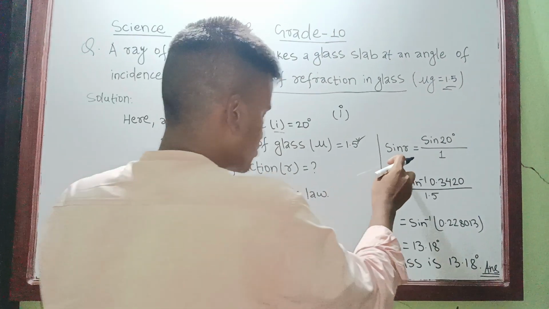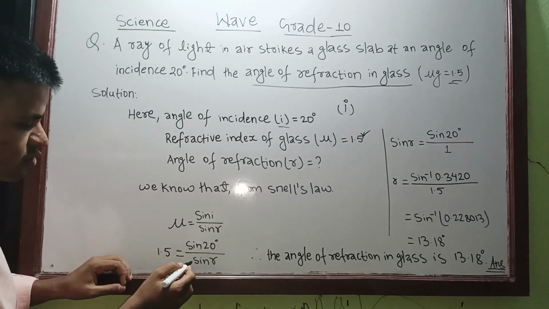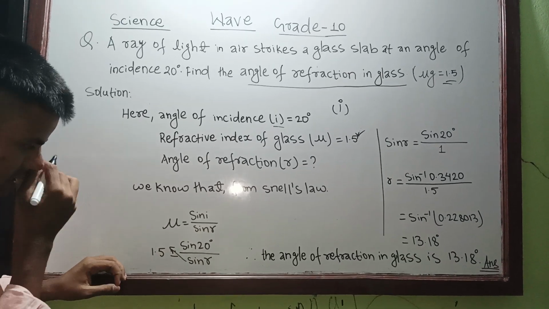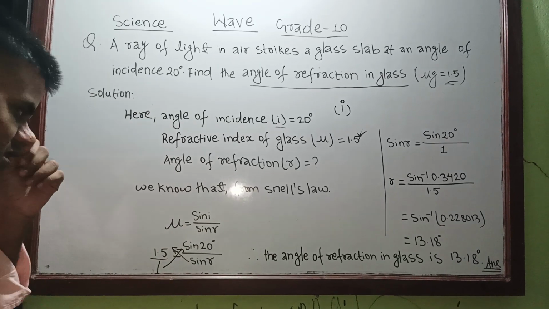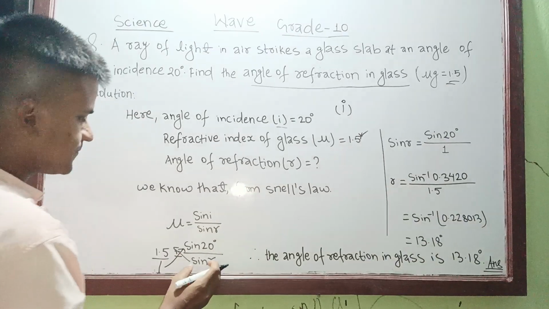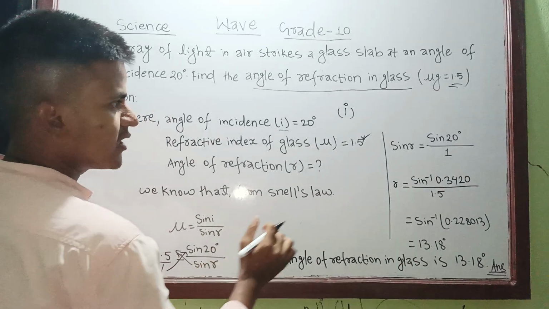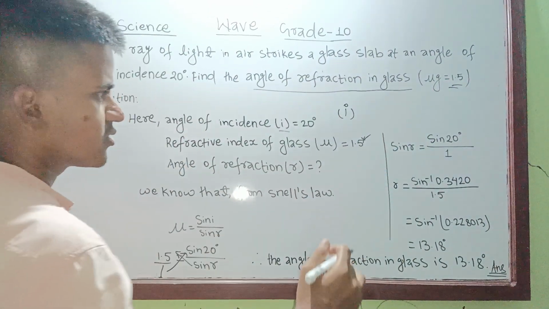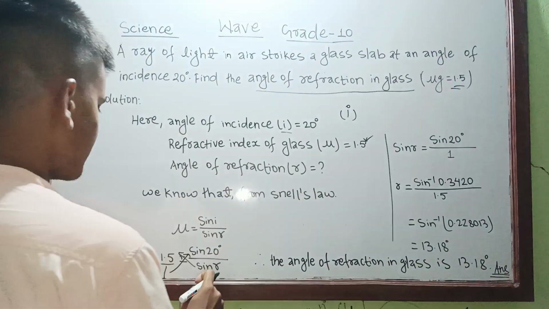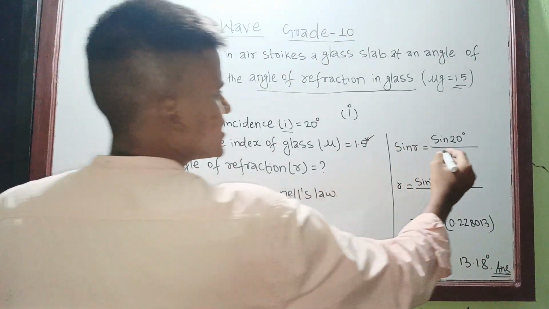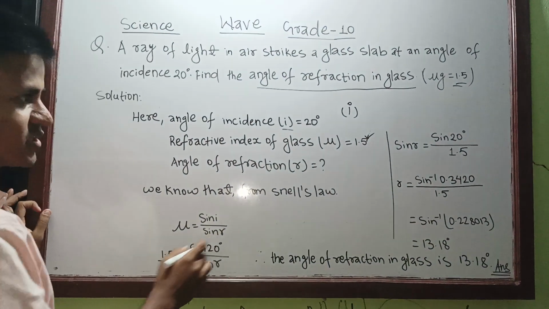Now when we cross multiply, this sine r will go there. Since there is a 1, we can cross multiply it. After doing so, sine r equals sine 20 by 1.5.